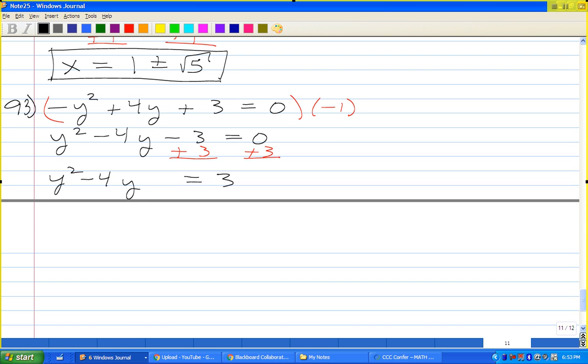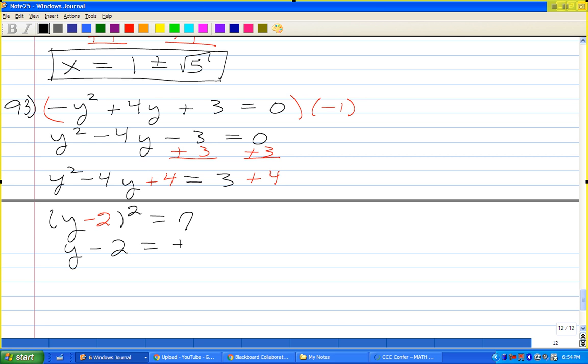So let me complete the square. Since I have a 1 in front of the y squared, negative 4 divided by 2 is negative 2. Negative 2 squared is 4. So let me add 4 to both sides of my equation. So y minus 2 quantity squared is equal to 7. By the square root property, I have that y minus 2 is equal to plus or minus the square root of 7.